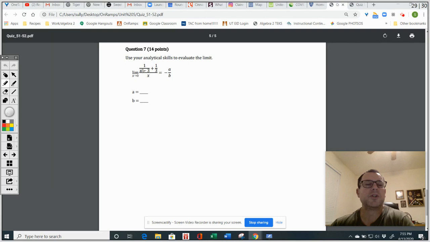If we plug in 0 for x, this part simplifies to negative 1/3 plus 1/3 over 0, which would be negative 1/3 plus 1/3 is 0 over 0. That's not going to work. So we're going to have to use some algebra and figure out what's going on here.